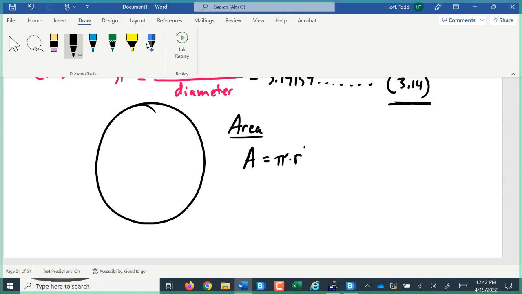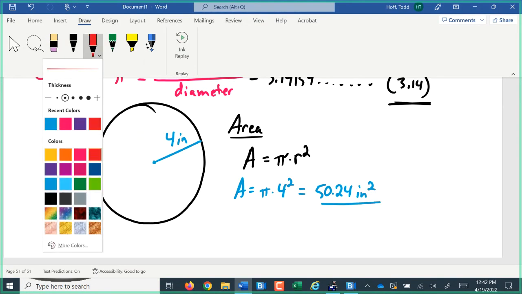Radius squared. So if I have a circle with a radius of 4 inches, area is pi times 4 squared, otherwise known as 50.24 inches squared.